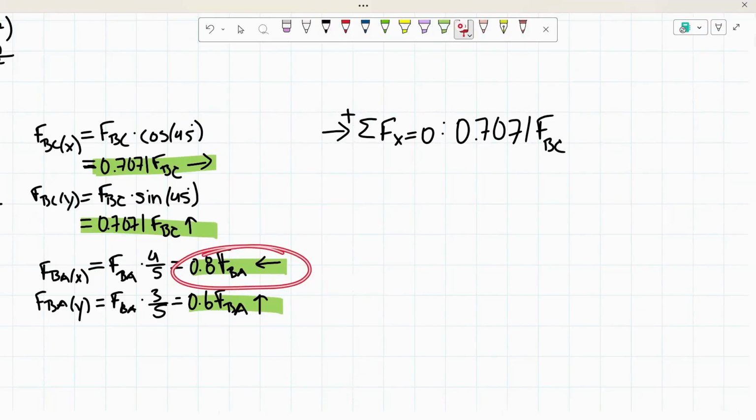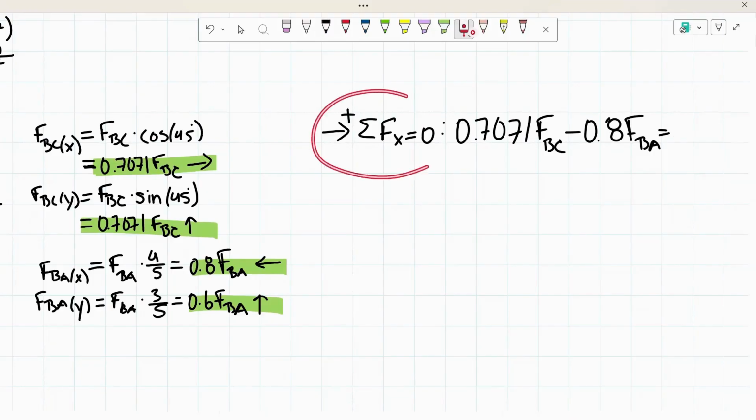And we see that this force is acting to the left, which is why it's going to be negative 0.8 times F of B of A. And we know, like we mentioned earlier, that the sum has to equal 0. So that will be equal to 0.